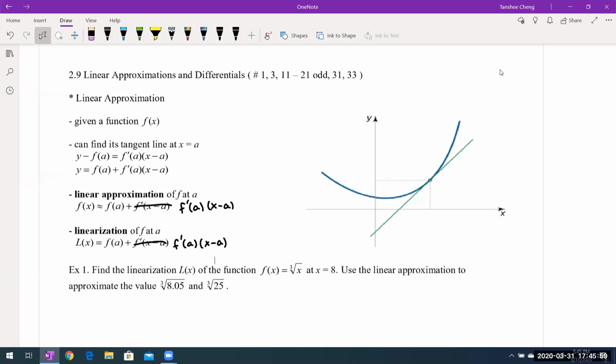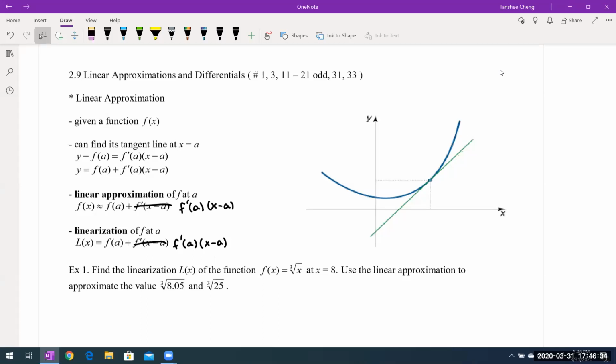So session 2.9 is linear approximations, because from the previous session, the last problem, when I illustrated with the picture, you can see that the tangent line can be close to approximating the actual function value. So 2.9 is about linear approximations, and it goes further into differentials, which will help us approximate a little bit easier and better, smoother.